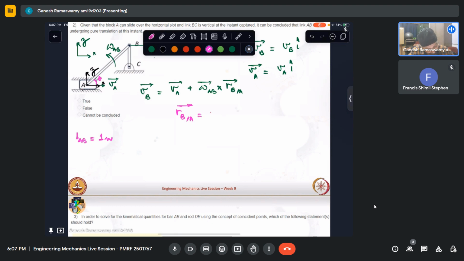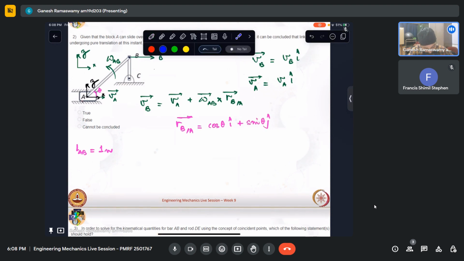So RB with respect to A will come out to be cos theta i cap plus sin theta j cap, because this is the vector that I want to represent. This is i cap and this is j cap. Since the magnitude is 1, I needn't multiply it.